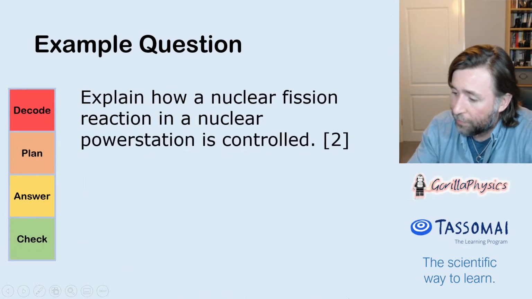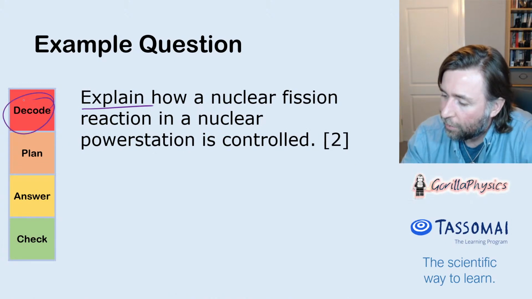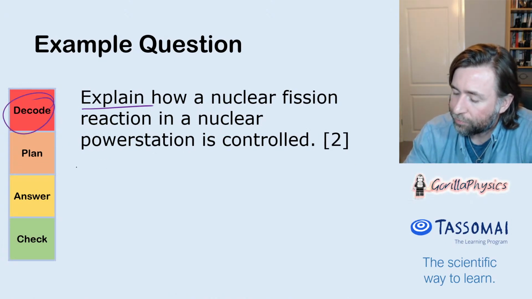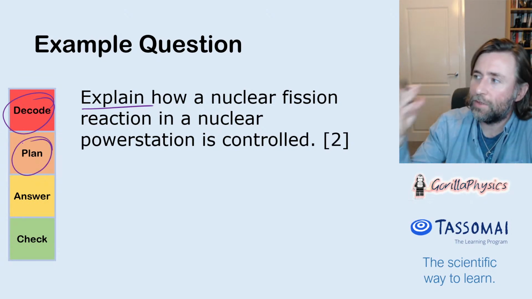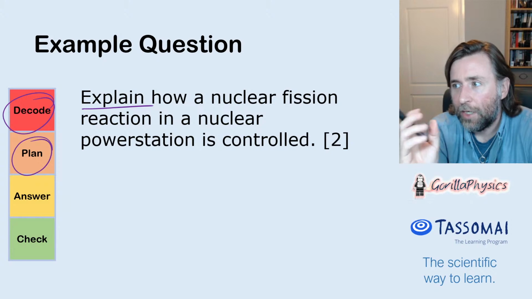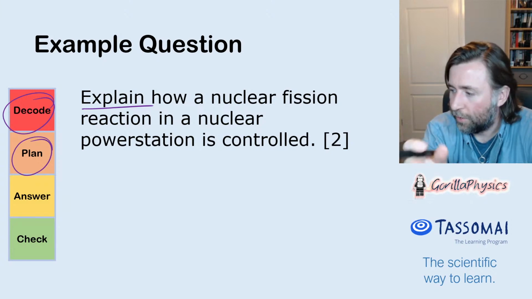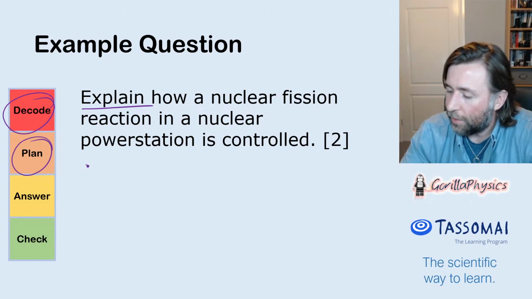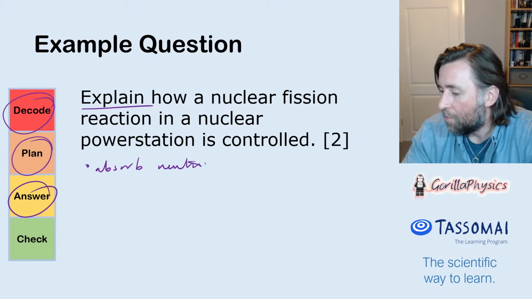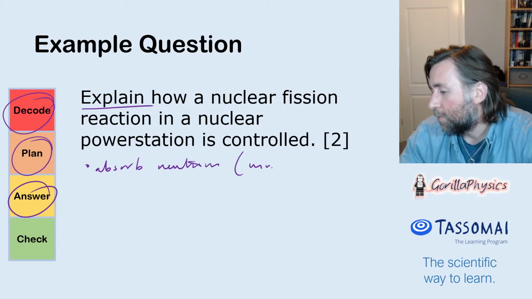And last one then, this is decoding: explain how a nuclear fission reaction in a nuclear power station is controlled. Plan, we just need to memorize that. What is it that we need to do to stop that chain reaction from happening? We need to catch those neutrons in some way. So our answer, the first mark: we absorb the neutrons. And we do that using control rods made of carbon or boron.